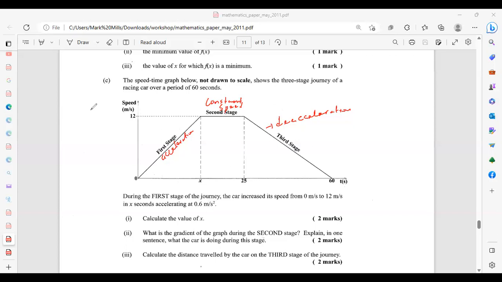For me to work this out, first of all, we will look at the formula for acceleration.